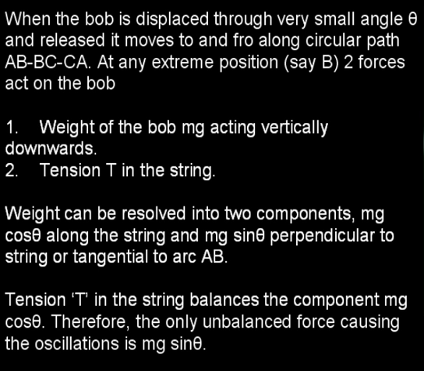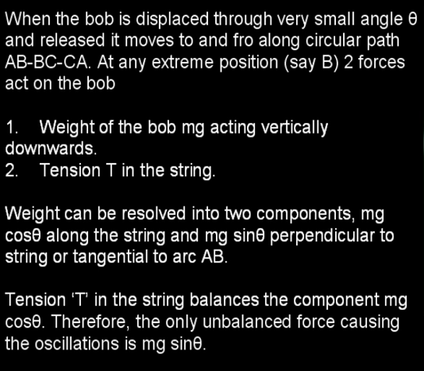When the bob is displaced through a very small angle theta and released, it moves to and fro along the circular path AB and then BC and then CA. At any position, say extreme position B, two forces act on the bob.